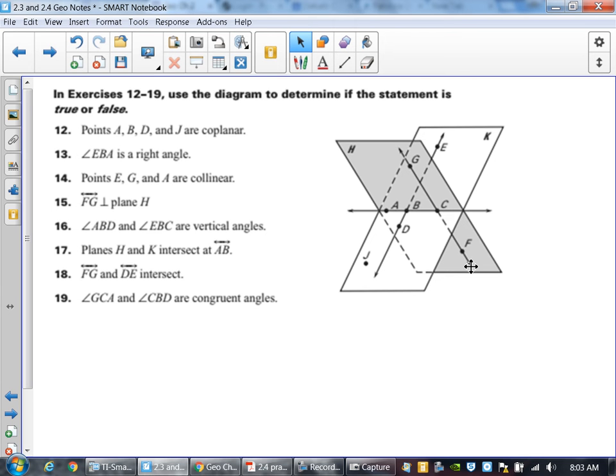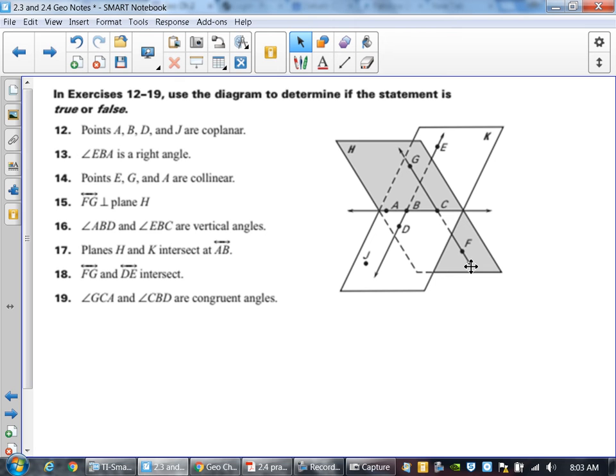That's the kind of thing we are going to be able to do more and more of throughout the school year. You have to be able to look at a diagram and take specific information from it in order to do problems, more so later on. But for right now, we need to use definitions and look at things to identify whether or not things are going to be true or false. Things that you can say.